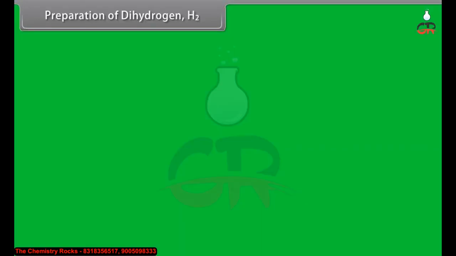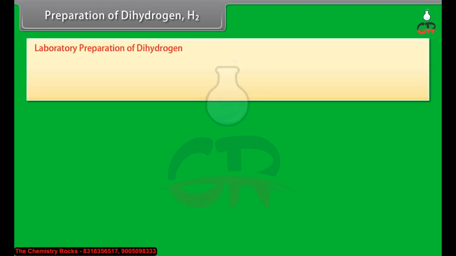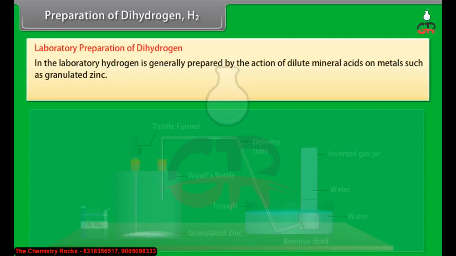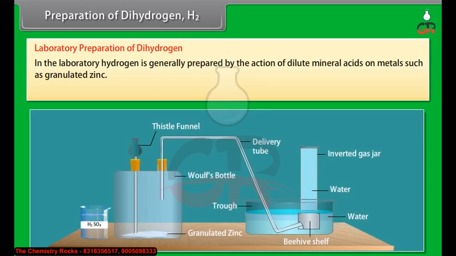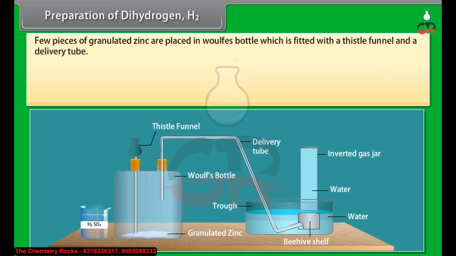Preparation of dihydrogen, H2. Laboratory preparation of dihydrogen. In the laboratory, hydrogen is generally prepared by the action of dilute mineral acids on metals such as granulated zinc. A few pieces of granulated zinc are placed in Wulff's bottle, which is fitted with a thistle funnel and a delivery tube.